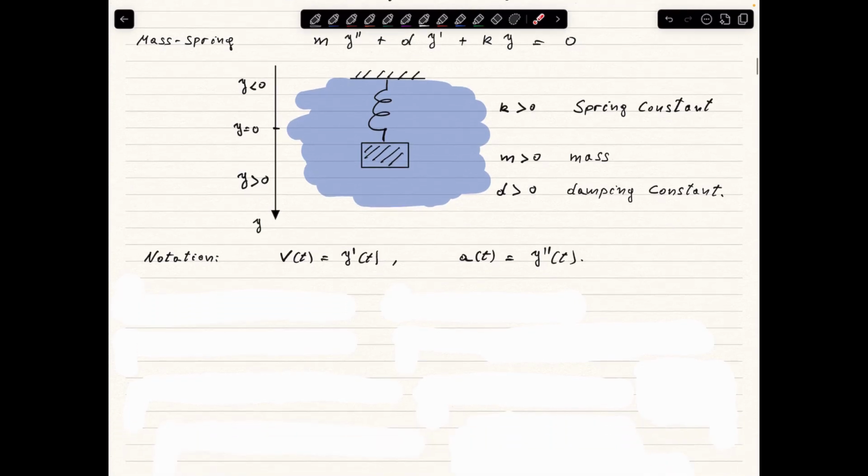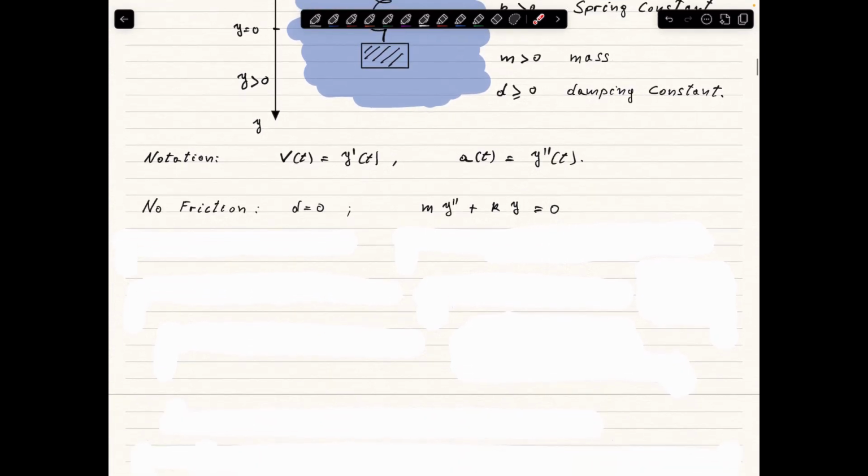Then we considered the case of no friction, for example oscillating in air, so d could be positive or 0, so it's a good idea to clarify that. When it's 0, the equation is simply lacking the term with the derivative: the mass times acceleration equals the spring force times the displacement.